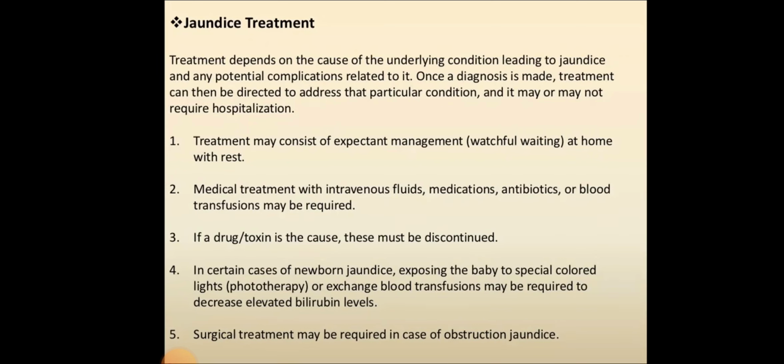The causes, we already said, are inherited and acquired causes. And the causes of non-hemolytic unconjugated hyperbilirubinemia are decreased hepatic intake, and also drugs like rifampicin, etc., can cause it.